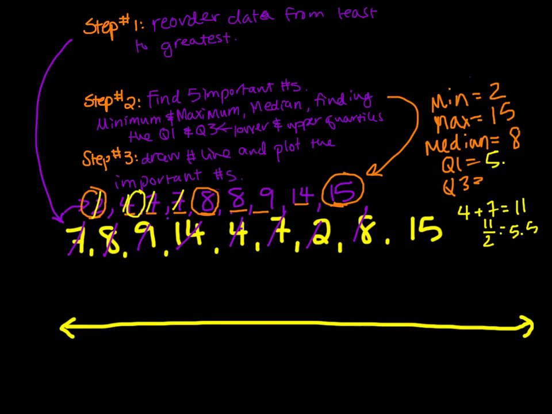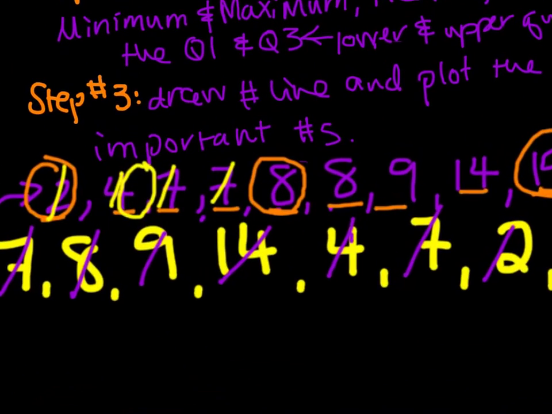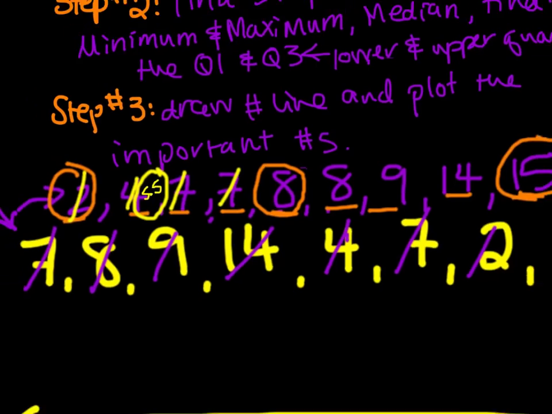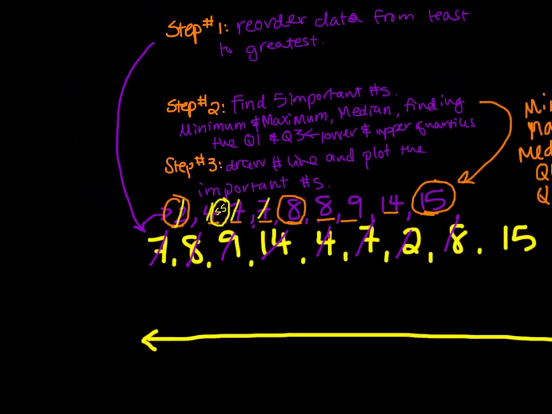So my lower quartile is 5.5. I don't think I can quite write that in unless I zoom in a little bit. So I'm going to zoom in and write 5.5. Kind of hard to read. Let's see if we can zoom out and I still see it.